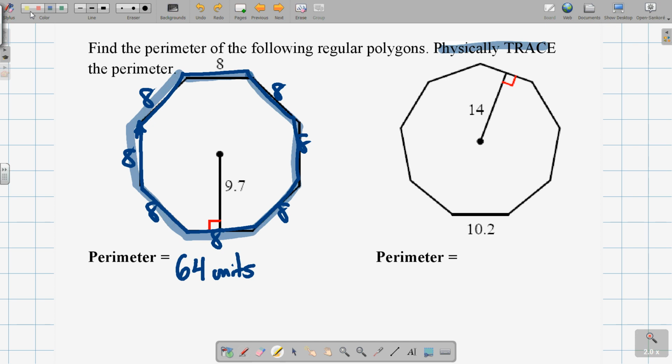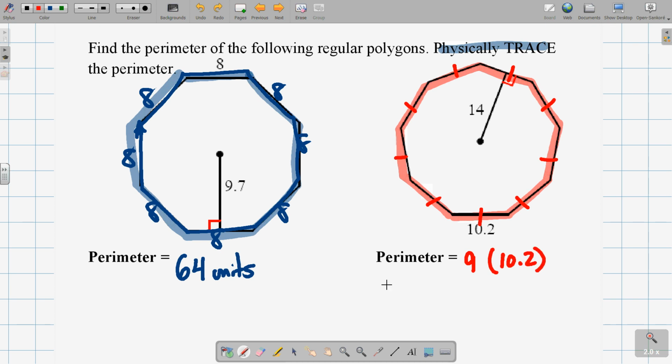What I'm trying to impress on you is whenever you work with perimeter, physically trace and count. For example, that's 1, 2, 3, 4, 5, 6, 7, 8, 9. So my perimeter is going to be 9 times 10.2.